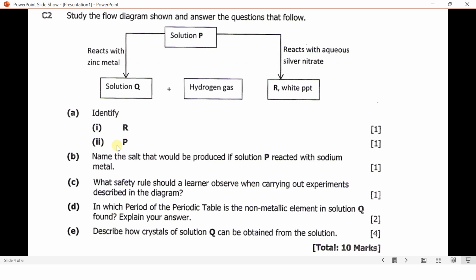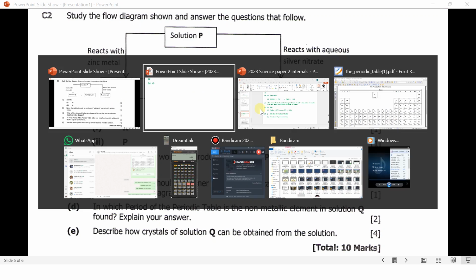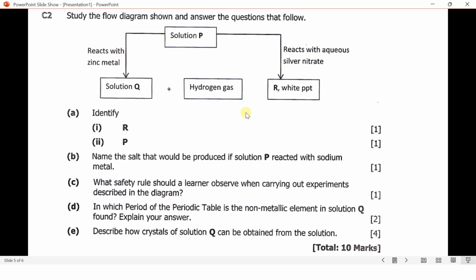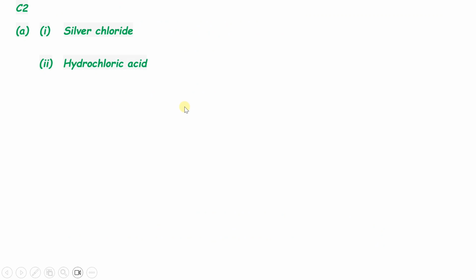So C, part 1. So this is the question. Identify R. We said R is silver chloride. That's what I said, so it will be silver chloride. Then 2, we need to identify P. I said this is hydrochloric acid, so this one will be hydrochloric acid.